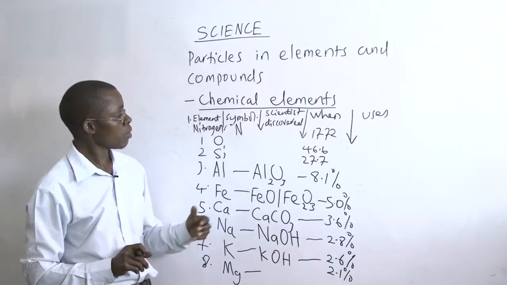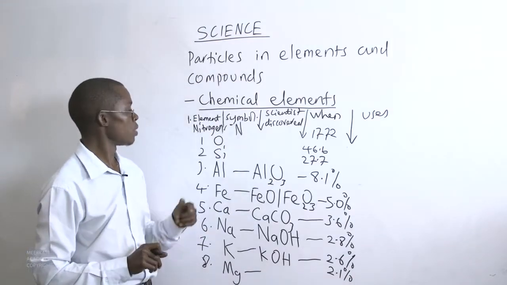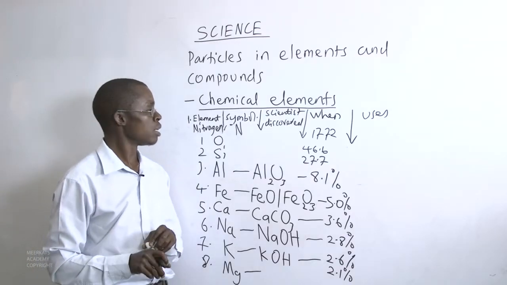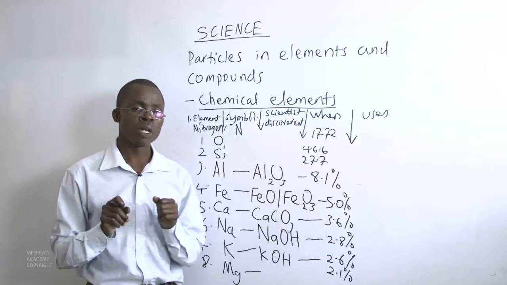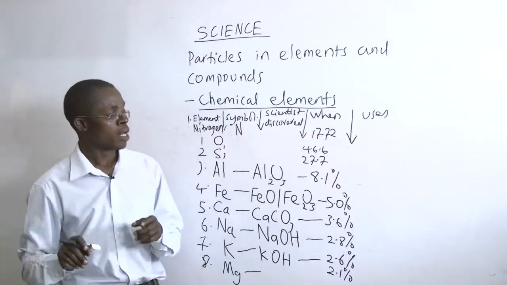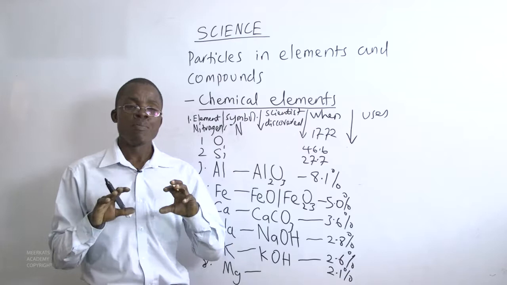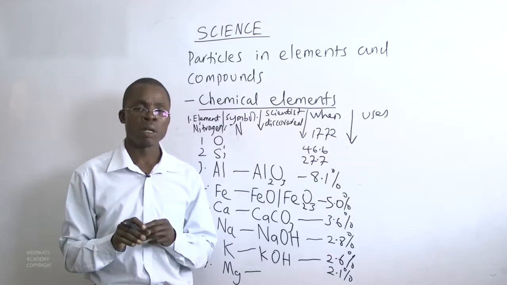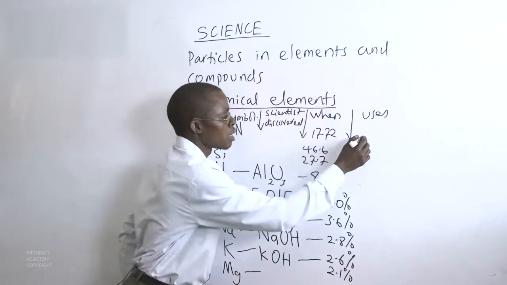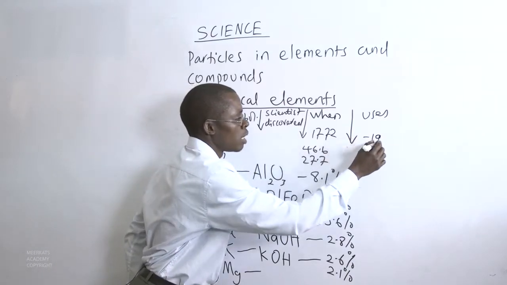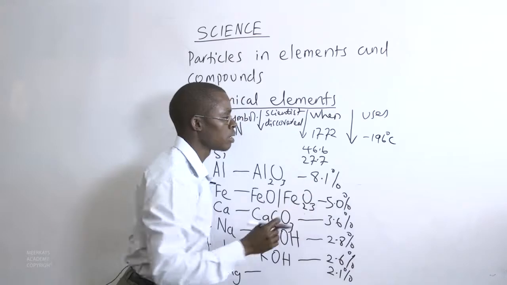Joseph and Rutherford were the two scientists who came up with this element, nitrogen. And nitrogen has one very unique use. Nitrogen can easily liquefy, but at very low temperatures. We are talking about a temperature of -196 degrees centigrade.